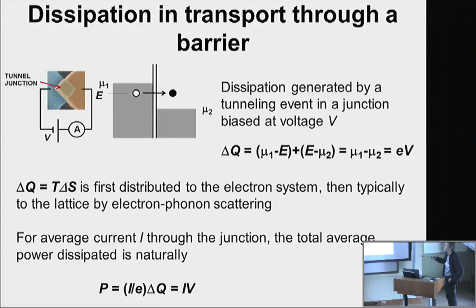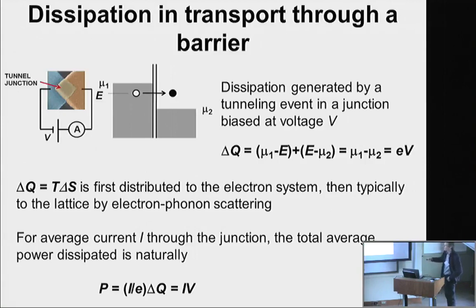In these circuits this is usually distributed among all the electrons. They form a new Fermi distributed electron system, and then this energy is further distributed as heat to the phonons via electron phonon scattering.